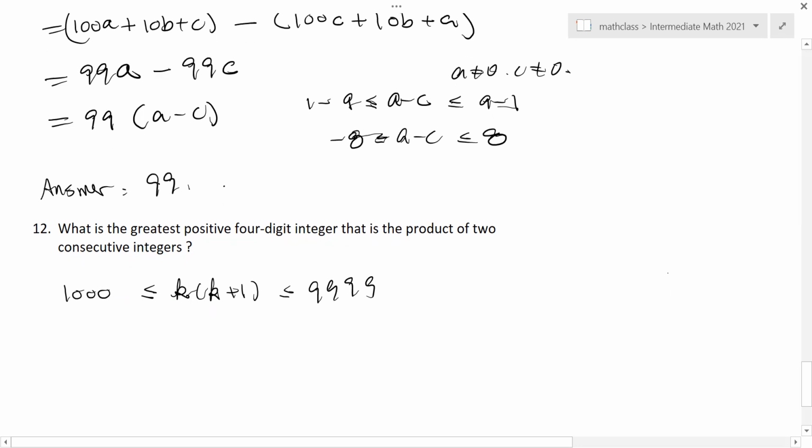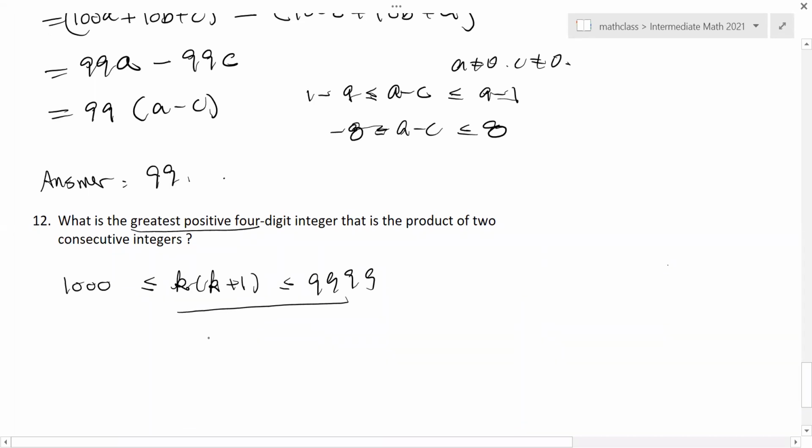Now let's figure out the possible value for k. We're looking for the greatest possible one, so you only need to consider that end. So what is the possible value for k?